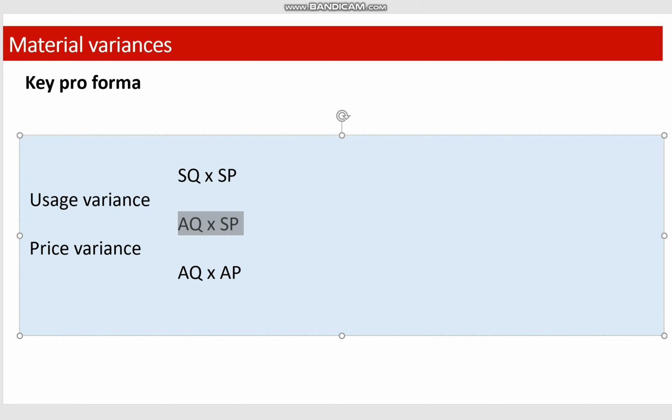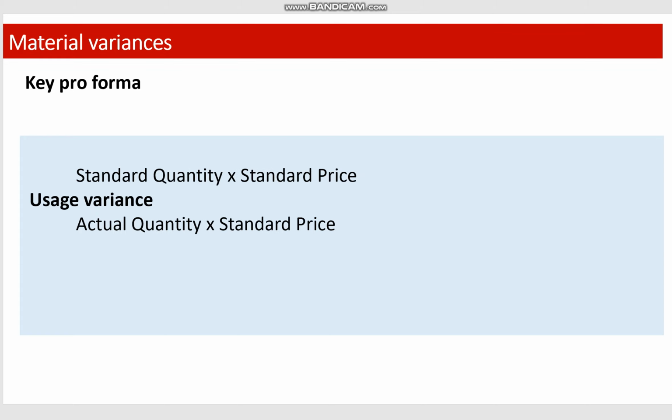So from the left hand side, standard quantity will be compared with actual quantity, giving us the usage variance. And from the right hand side, you can see standard price will be compared with the actual price, giving us the price variance. So these are abbreviations, but I can show you a bit more detailed version as well. But again, remember what I said before. Standard quantity must be for the actual output.